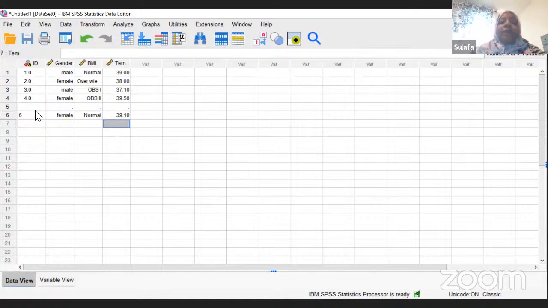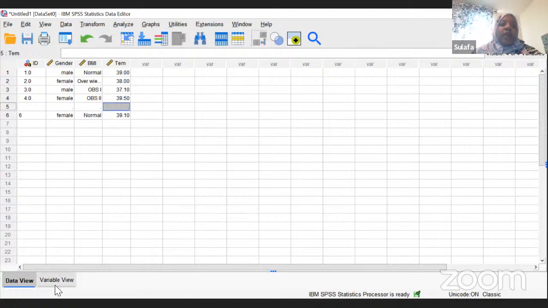And you see the fifth participant is not there; I didn't put the numbers or the observation for him. So what SPSS will do is put a blank for every character variable, and it will put dots, or periods, for every numeric value.